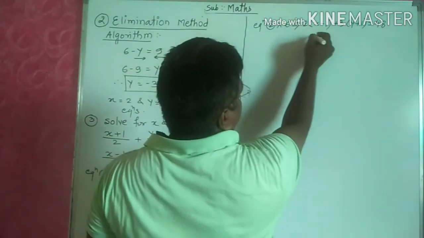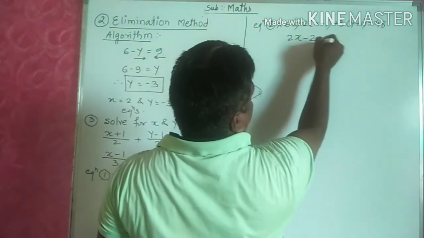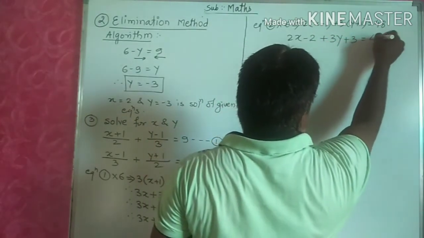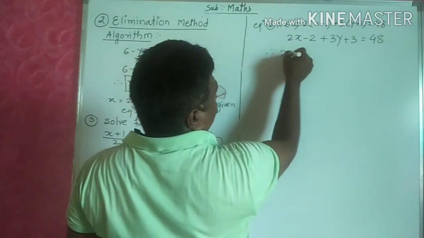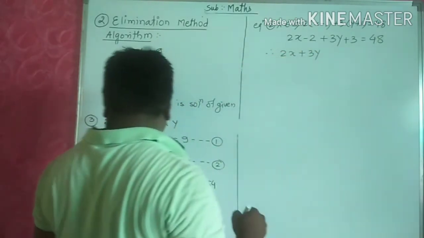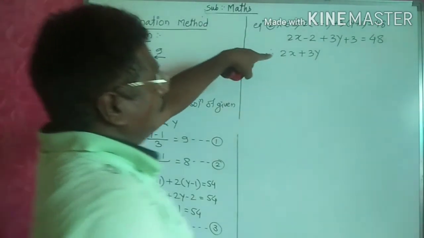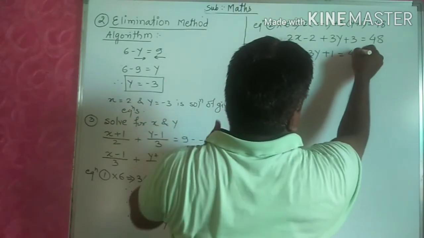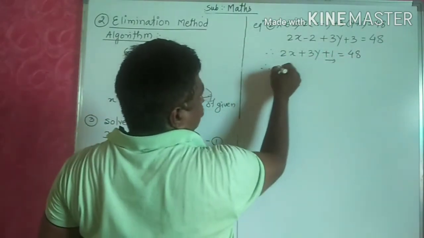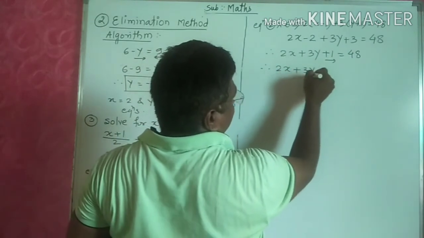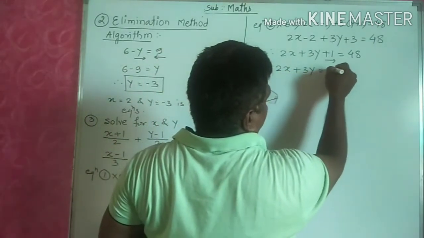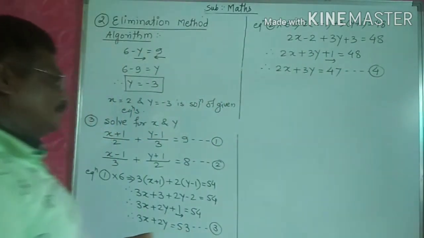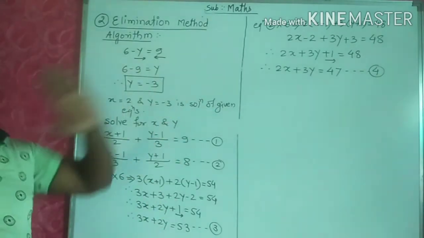Now simplify this: 2x minus 2 plus 3y plus 3 equals 48. Therefore 2x plus 3y plus 1 equals 48. Transfer 1 to that side. So 2x plus 3y equals 47. Equation number 4. So we got equation number 3 and equation number 4.